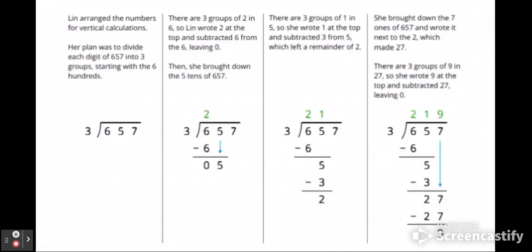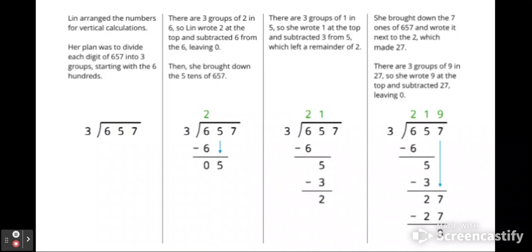In the math that you see on your screen, Lynn is doing a long division problem. She is dividing 657 by 3, and she's walking through the steps that go with long division.